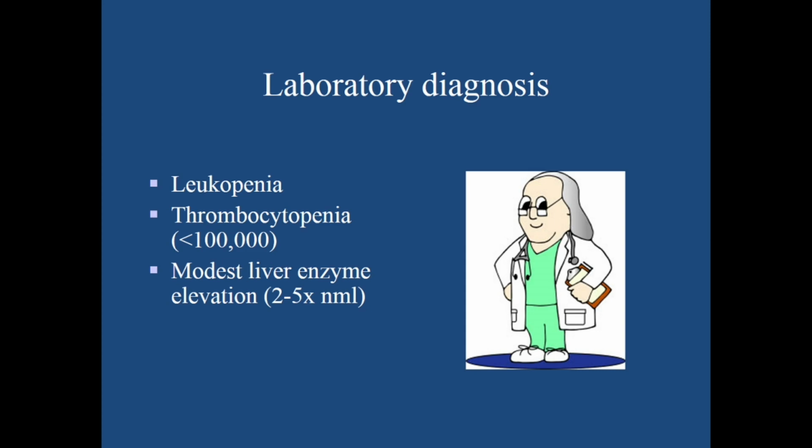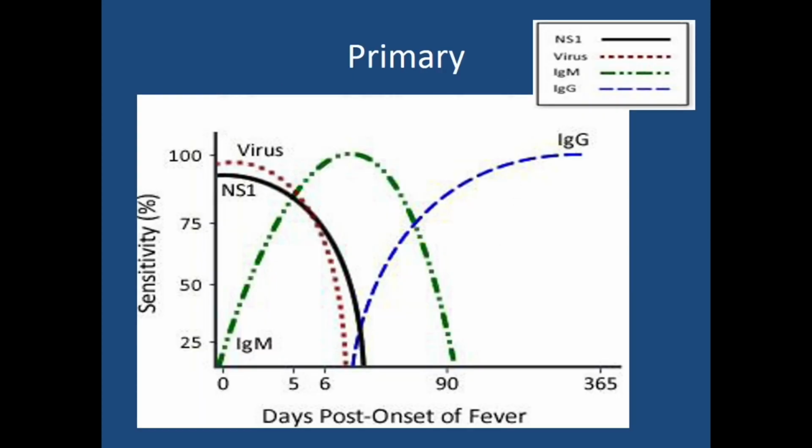In the laboratory, there will be leukopenia, thrombocytopenia, and moderate liver enzyme elevation. So if you want to choose which test to do, you have to know this. In the primary dengue infection, the IgM antibody will increase, but it'll fall within 3 months.